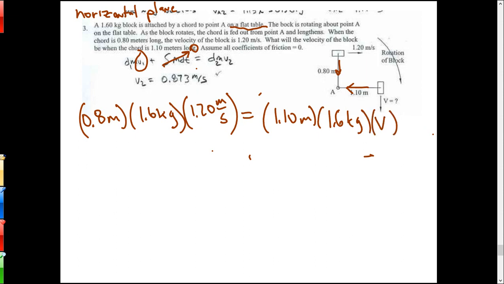And just work through the calculations there, and you can find what the velocity is. Let's hope it's 0.873, but we'll find out. Yep, 0.873, okay? So that's all that's going on with that.